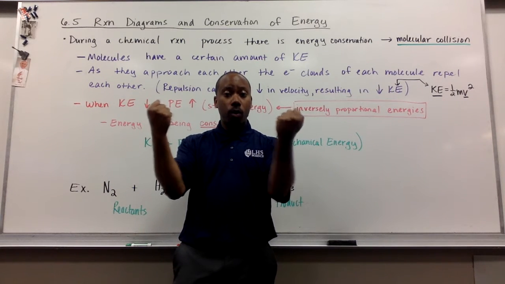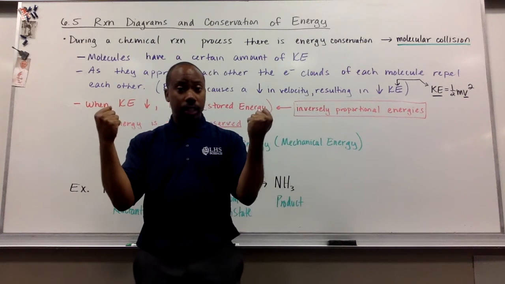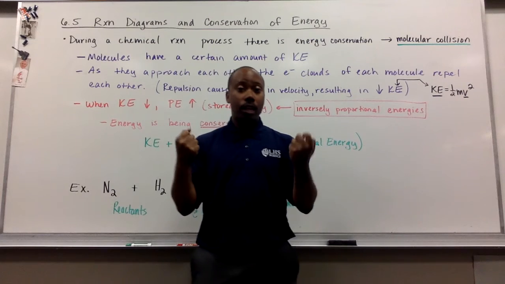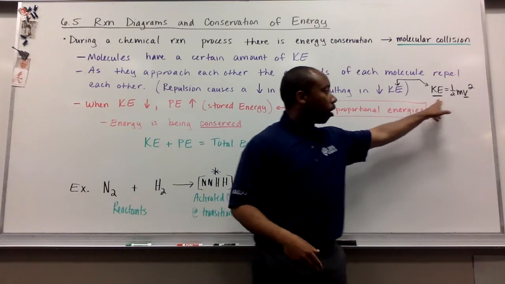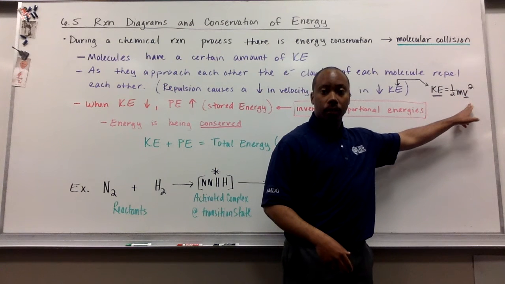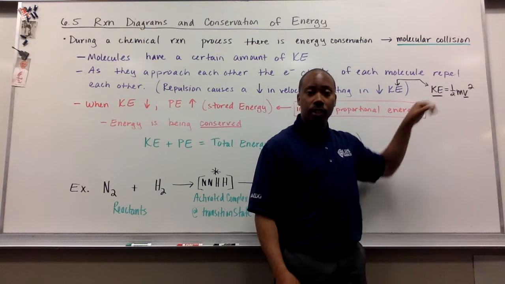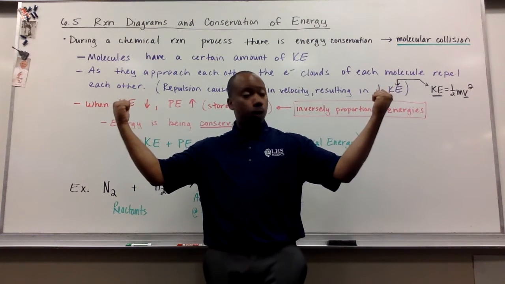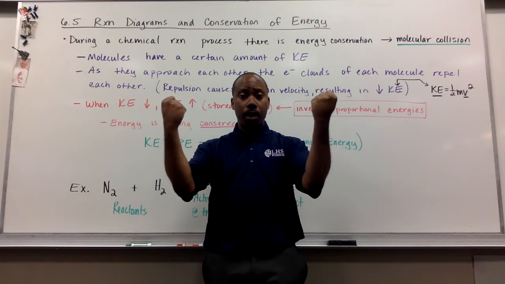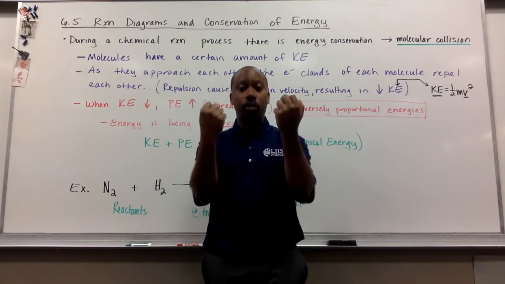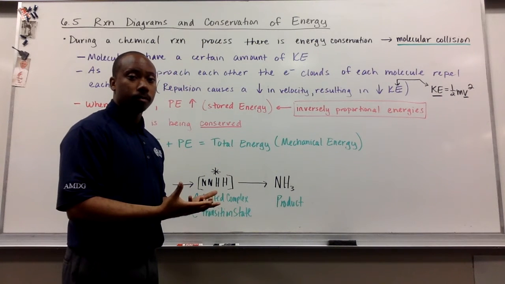As they repel, those molecules slow down, so their velocity decreases, and thus their kinetic energy decreases, because as you learned in physics, kinetic energy is based on mass and the square of the velocity. So as velocity decreases, your kinetic energy decreases as well. Those particles come towards one another, and the repulsive forces of the electron clouds, both being negative, make them slow down, and kinetic energy decreases.